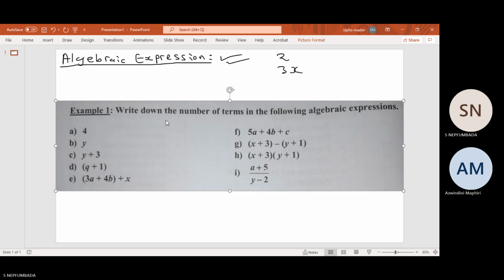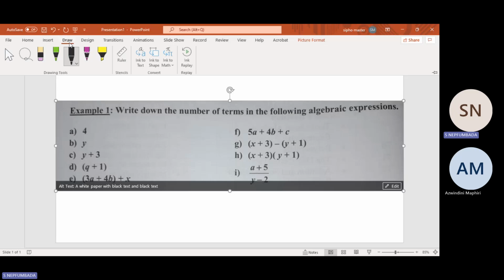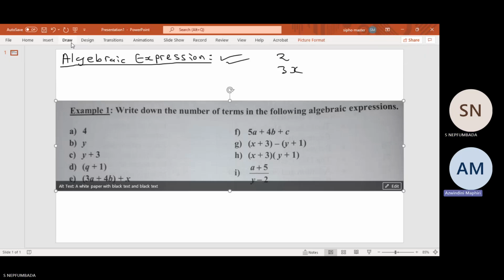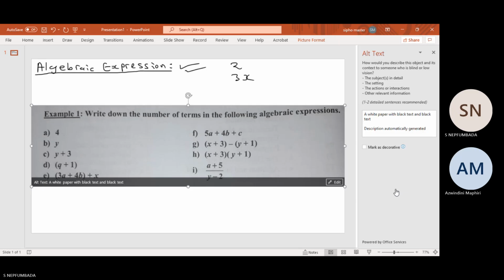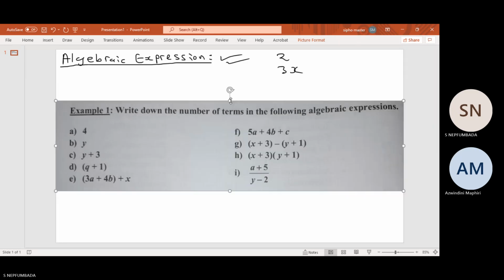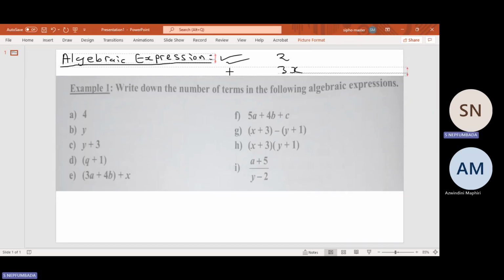Yes. Let's say as an example, can you see the example that I have just uploaded on the screen? So now let's say we've got this example.